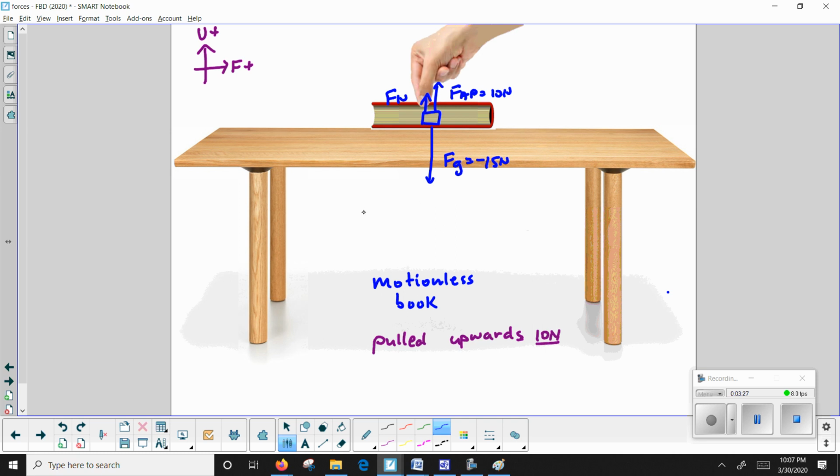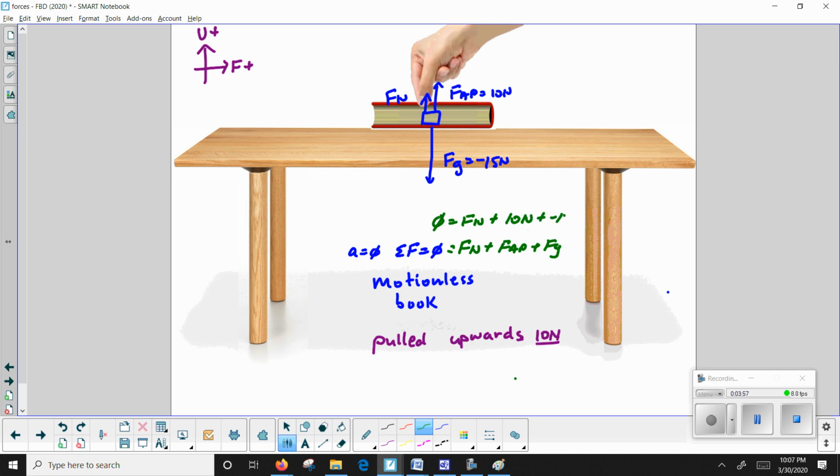So again, my book is motionless, so the acceleration is zero, and the overall sum of the forces is going to be zero. So what does that mean? Well, the overall sum of the forces is going to equal the normal force, the applied force, and the force of gravity. Well, what are they? The normal force I don't know. The applied force is upwards now.